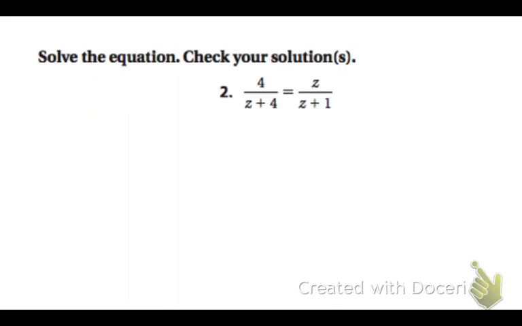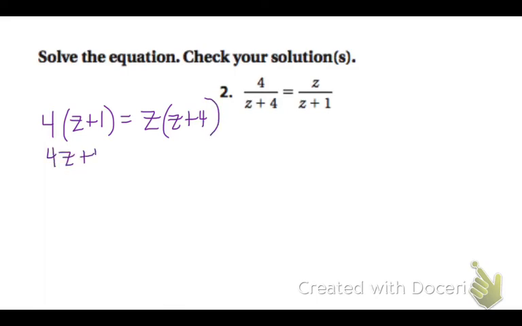Let's try another. Cross products. We have 4 times z plus 1, and that would be equal to z times z plus 4. I crossed my z's so they don't look like my 2's. All right, 4z plus 4 is equal to z squared plus 4z.